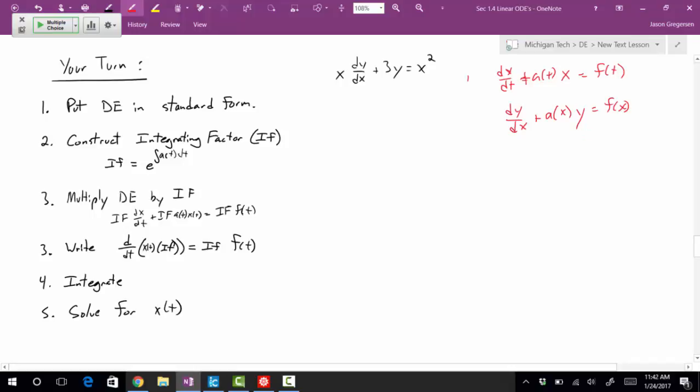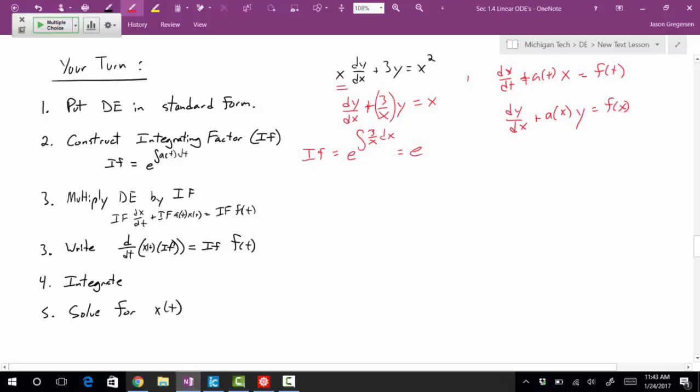So I divide through by x to get dy dx plus 3 over x times y equals x. That's my equation, standard form. This 3 over x is the coefficient to the dependent variable. So now what's my integrating factor? It's going to be e raised to the integral of 3 over x dx.